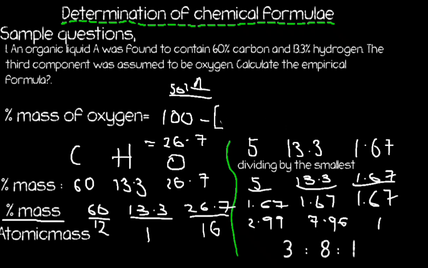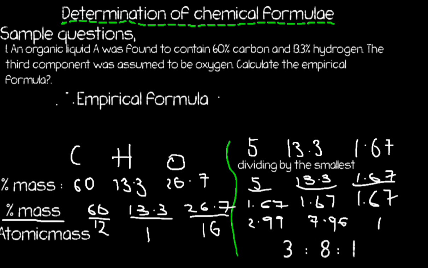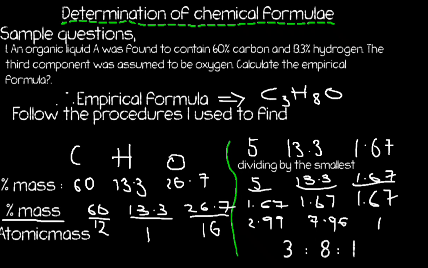This ratio determines the number of atoms present. So from this ratio, carbon is 3, hydrogen is 8, and oxygen is 1. Therefore, the empirical formula is C3H8O1, but it's not necessary to write the 1.